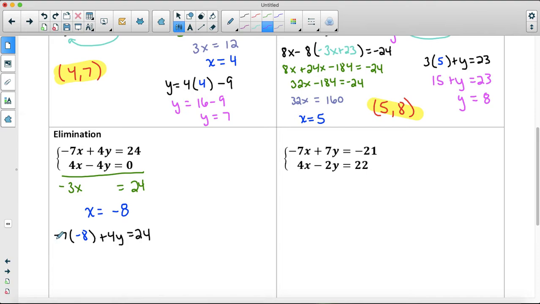Simplifying that, negative 7 times negative 8 is a positive 56, plus 4y equals 24. I will subtract the 56, and I'll have 4y equals negative 32. I'll divide by the 4, and I'll get y is equal to negative 8. So the coordinate, x is negative 8, and y is negative 8. Therefore, our solution is (negative 8, negative 8).